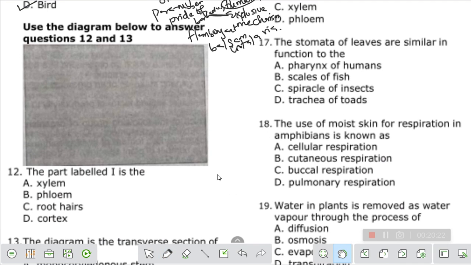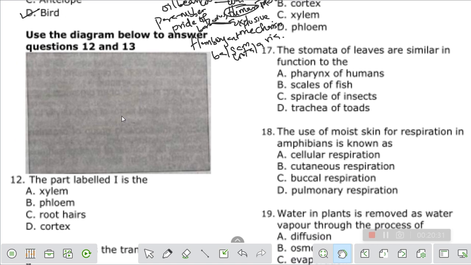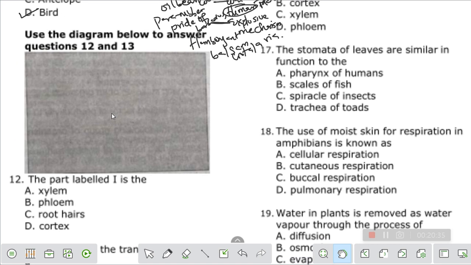Oh my god, the image is not there. Oh, sorry, this is what they want to draw, so I will try to draw it using my.